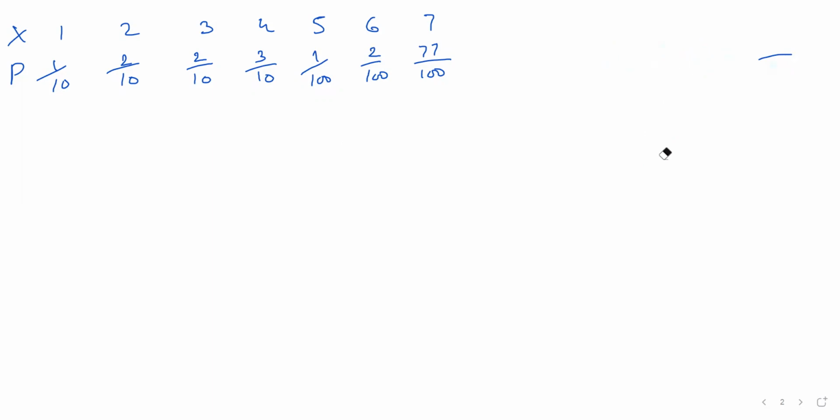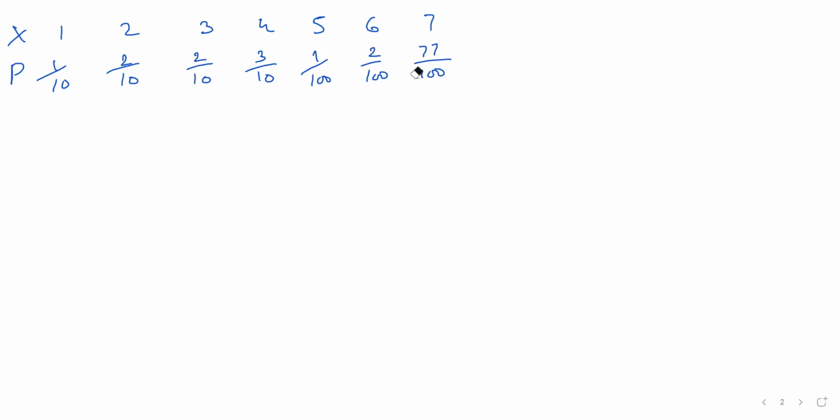Let us see if it is coming the same, because K is 1 by 10. So this will be 1 by 10, 2 by 10, 2 by 10, 3 by 10, 1 by 100. This is 2K square, so 2 into 1 by 10 whole square is 2 by 100.